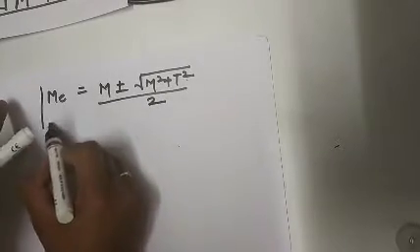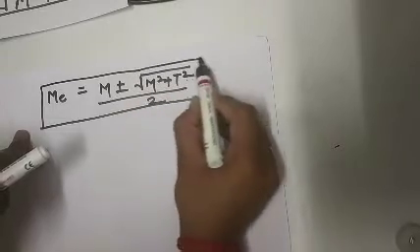Clear? Depending upon which one is given, if minor principal stress we are going to calculate by the help of these equations, then you will go for Me equal to M minus under root M square plus T square by 2. If the maximum principal stress is given in the problem, then you will go for Me equal to M plus under root M square plus T square upon 2.